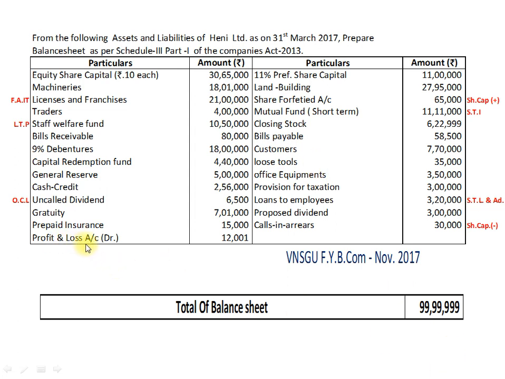profit and loss account debit balance rupees 12,001, 11% preference share capital rupees 11 lakh, land and building rupees 27,95,000, share forfeited account rupees 65,000, mutual fund short term 11,11,000, closing stock 6,22,999, bills payable, customers, loose tools, office equipments, provision for taxation, loans to employees, proposed dividend, and calls in arrears.